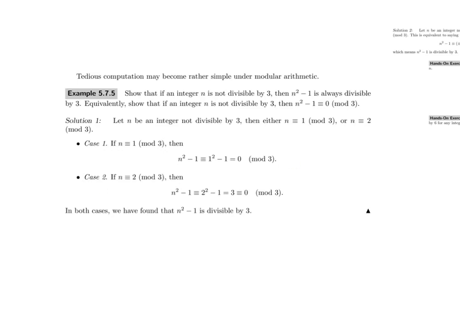Case 2, n is congruent to 2 mod 3. Well, now replace the n with a 2. 2 squared minus 1 gives us 3. 3 is congruent to 0 mod 3. In other words, n squared minus 1 is divisible by 3. Because remember, being congruent to 0 mod something means you're divisible by that something.